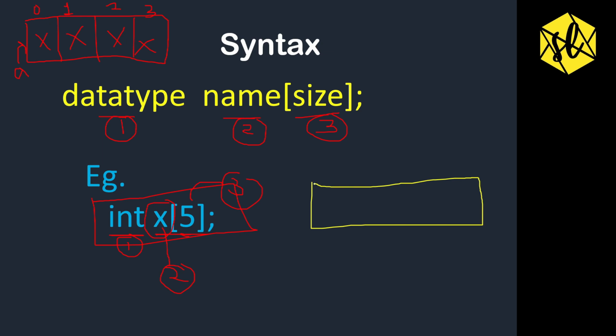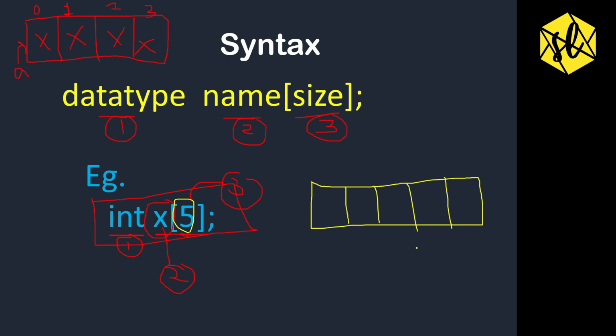A block of memory is reserved for our array. And what will be the block size? Here we have said that our size should be 5. So basically it is a 5 blocked array. That is, we have 5 contiguous memory locations that are attached to each other and are allocated for our array.